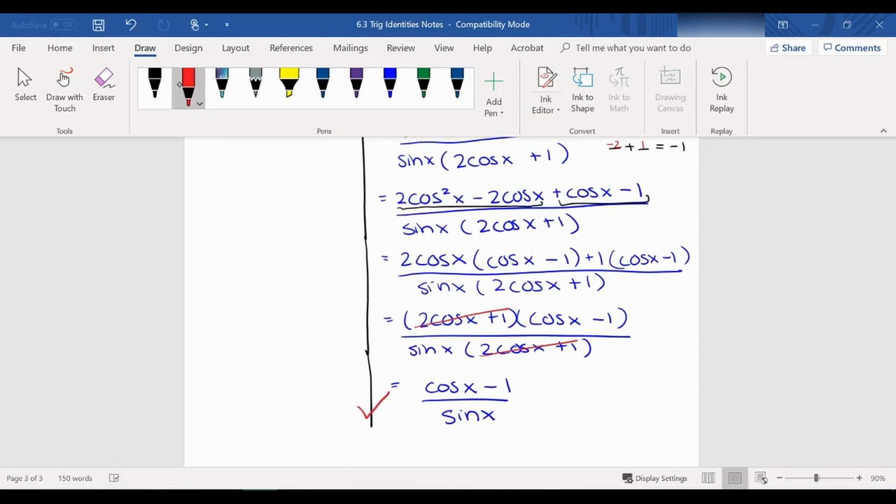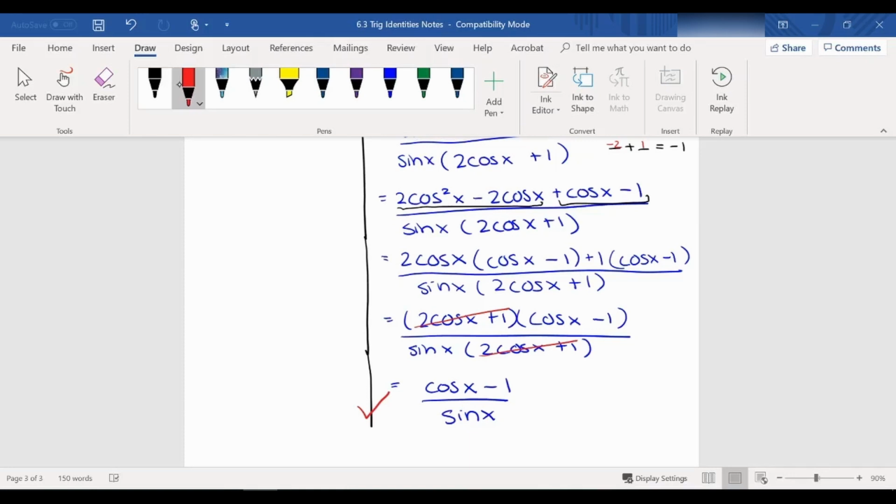In the notes online that I've posted, the 6.3 notes, this question looks much shorter because I didn't show every single factoring step like this. I showed what if you replace the cosine x's with a y and factor it off to the side and then put it back in.